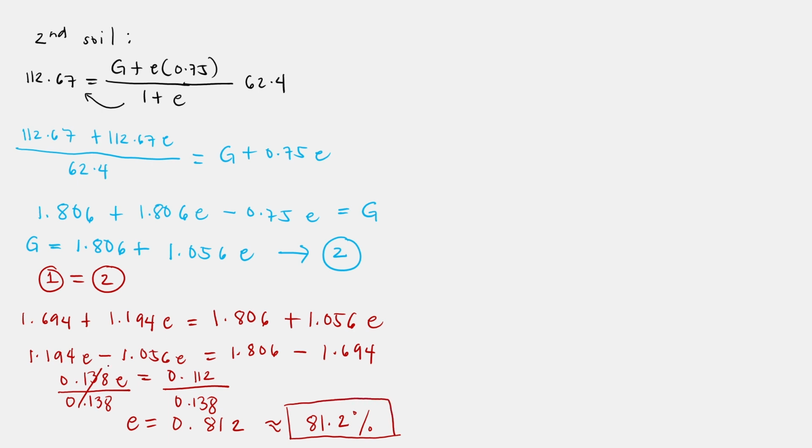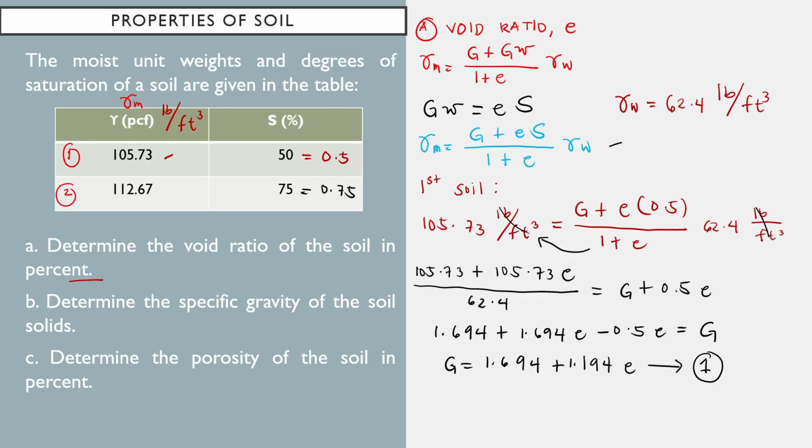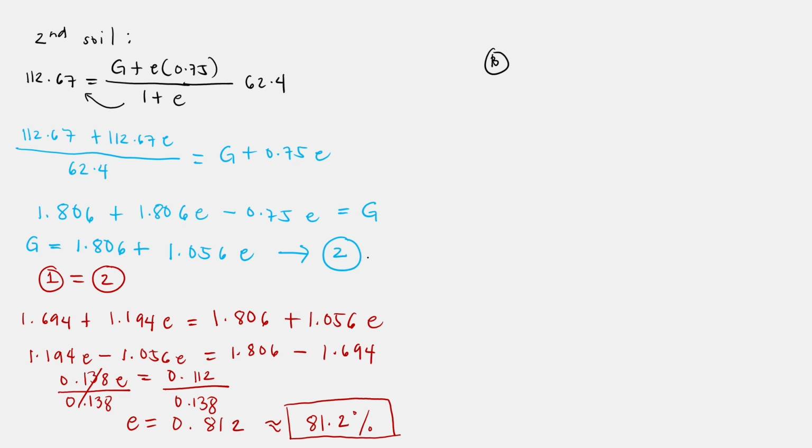Ano yung letter B natin? Specific gravity. So, dito sa specific gravity, pwede natin gamitin itong equation number 2. Isalpak na lang natin, direct substitution na lang siya.